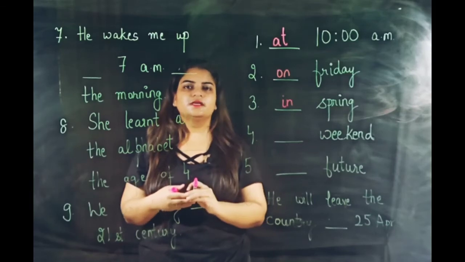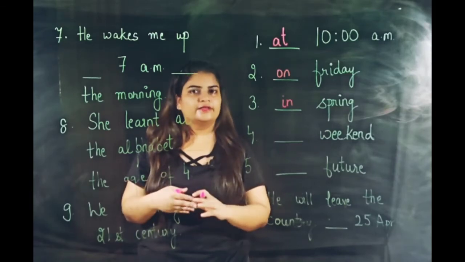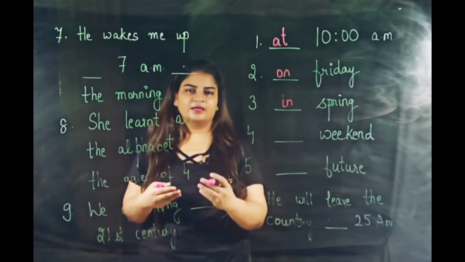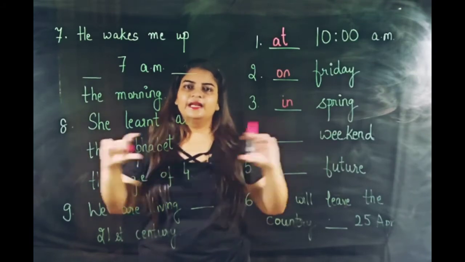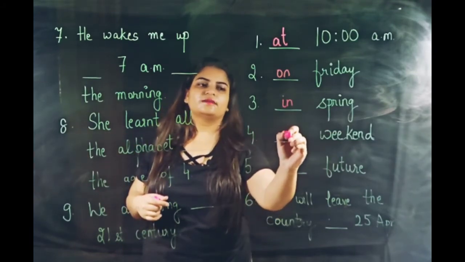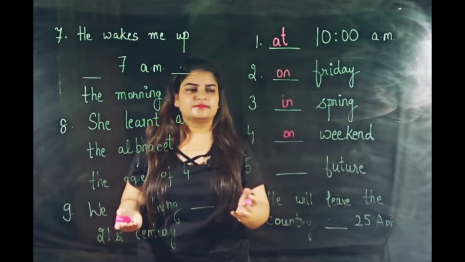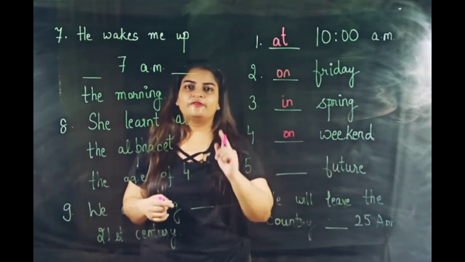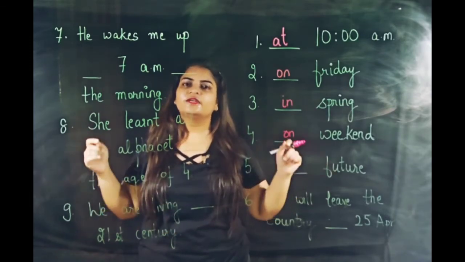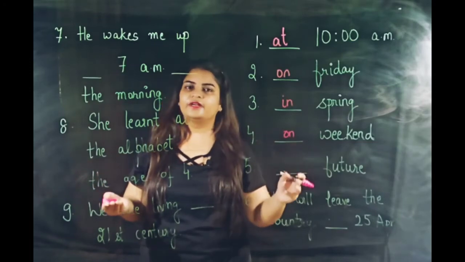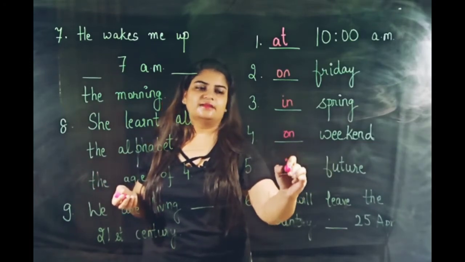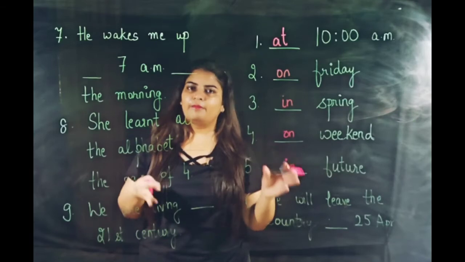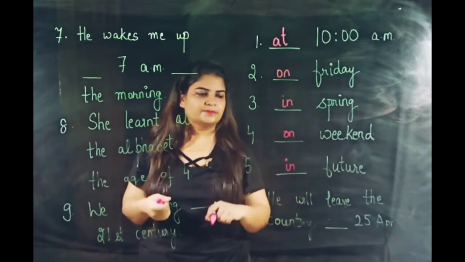Now weekend is the duration of 2 days, which is much less than a month. So it will take the middle category of on. On weekend. Future. Now future is again a duration of time and it is infinite. So we use in future, in past, in present.